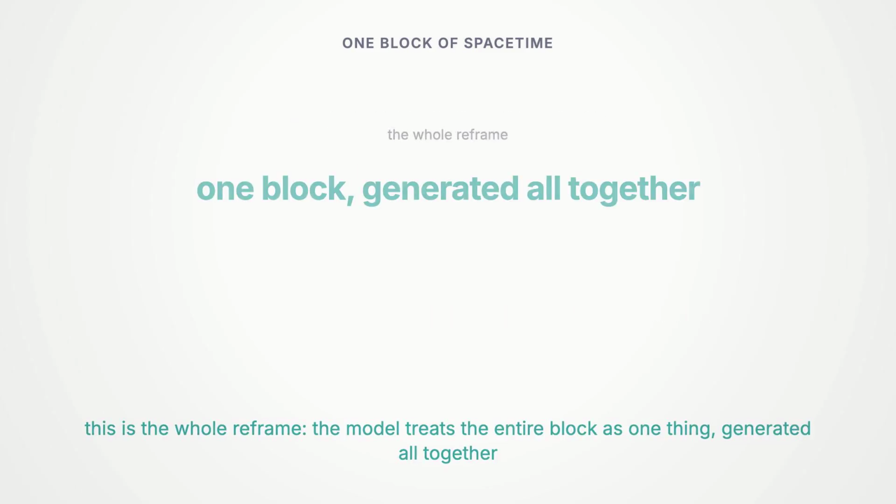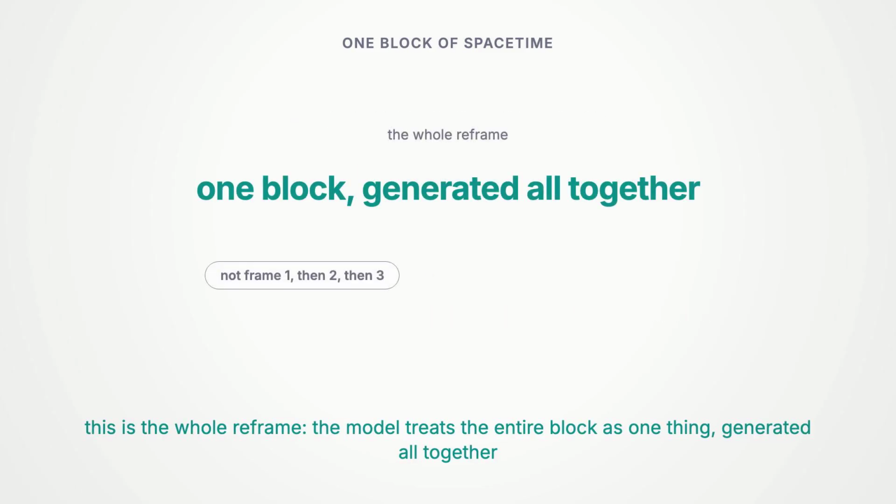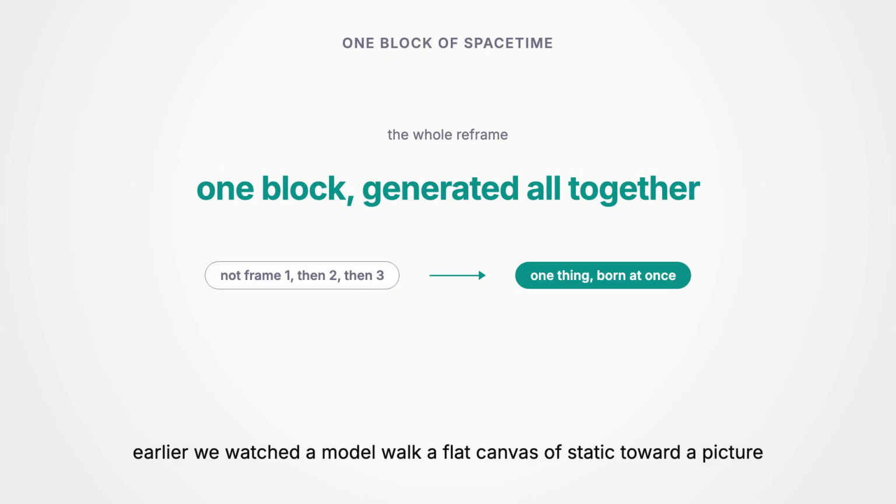This is the whole reframe, and it is the one idea I want you to keep. The model does not make frame 1, then frame 2, then frame 3, hoping they agree. It treats the entire block as a single thing to create, generated all together. So now the question changes shape. Earlier in this season, we watched a model start with a flat canvas of pure static and walk it, step by step, toward a picture.